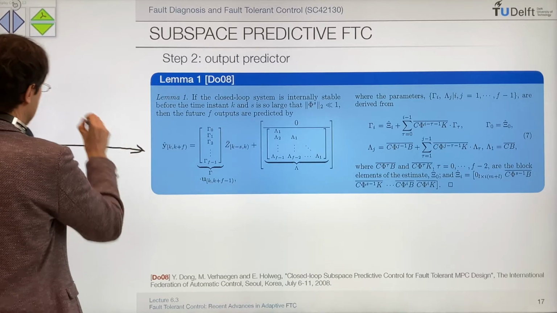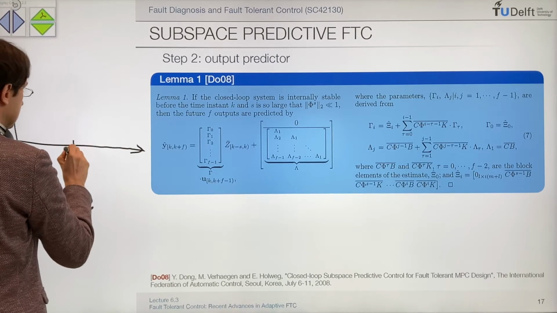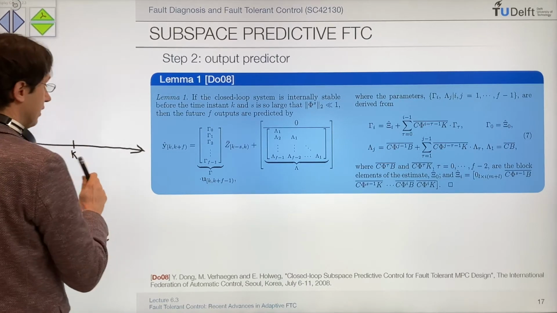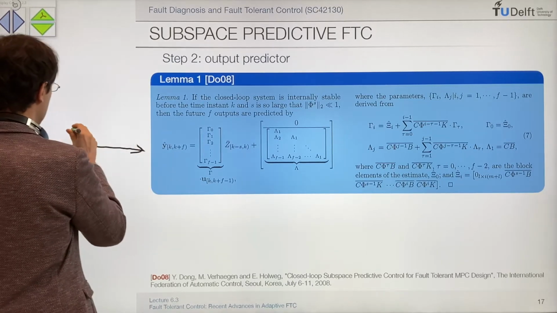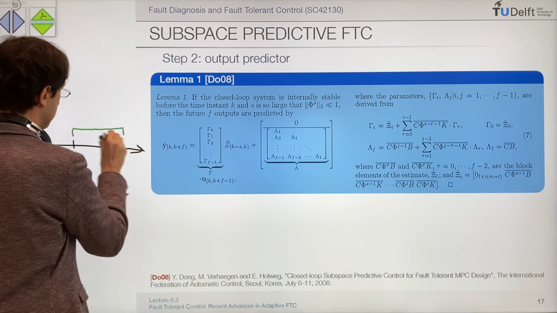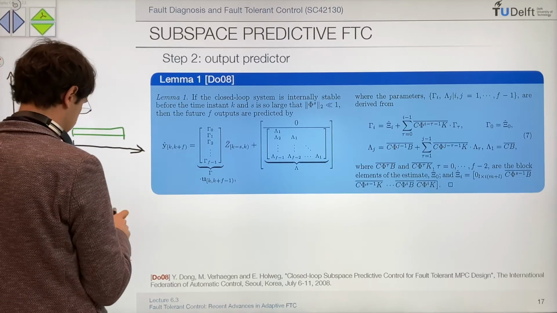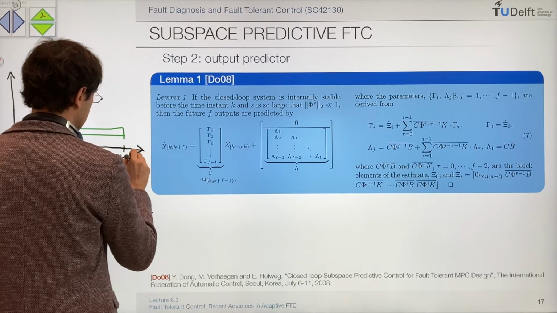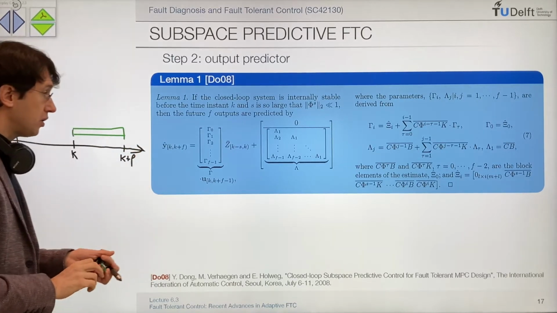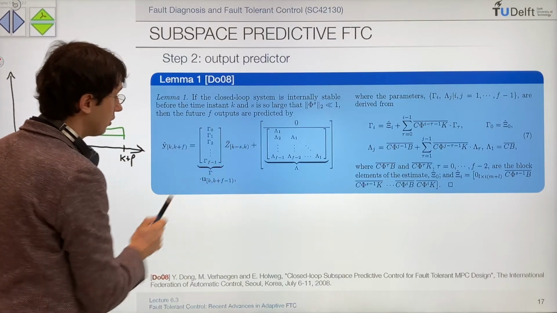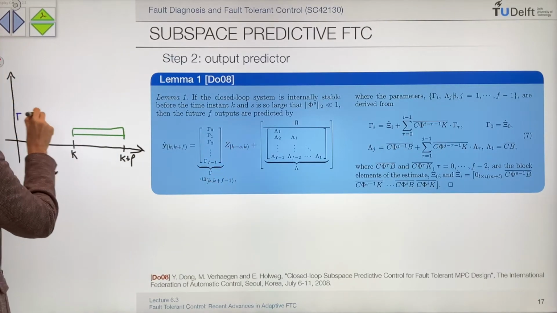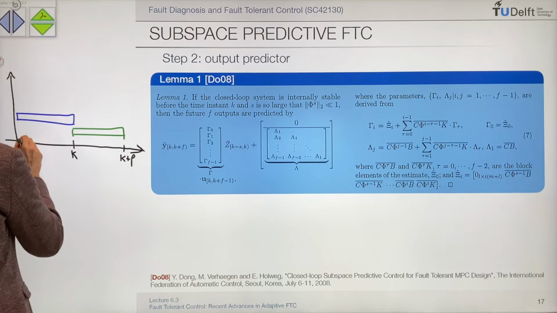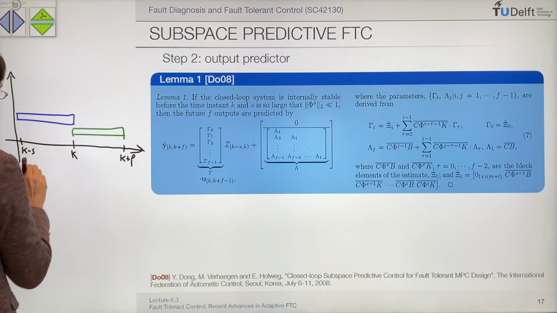So this lemma is telling us that at some time k, you can predict what y is going to be over a time window from k to some point in the future. This is k plus f. Using what? Using data that you collected over a time window in the past, from some k minus s to k.